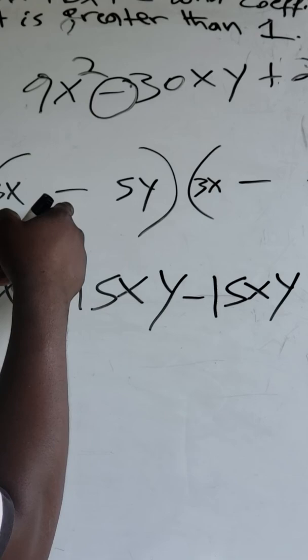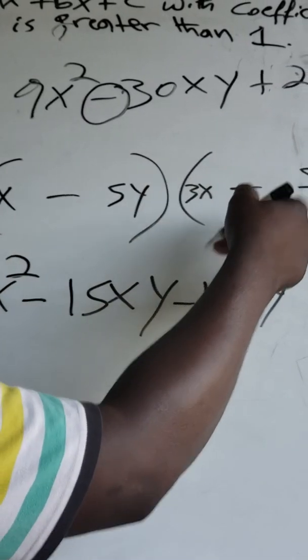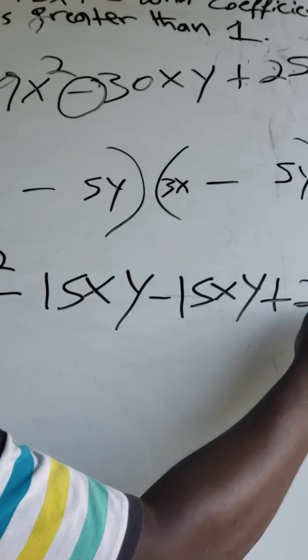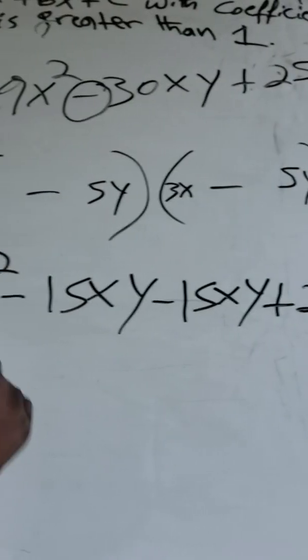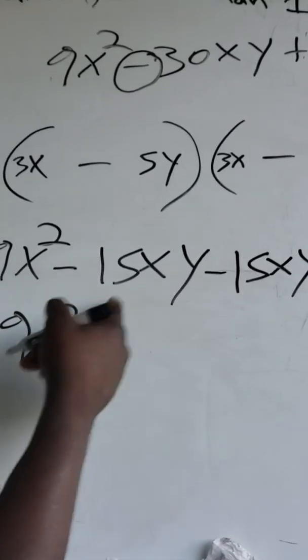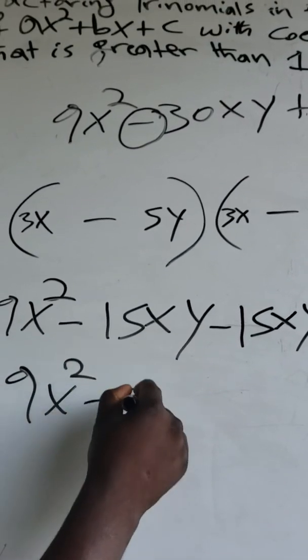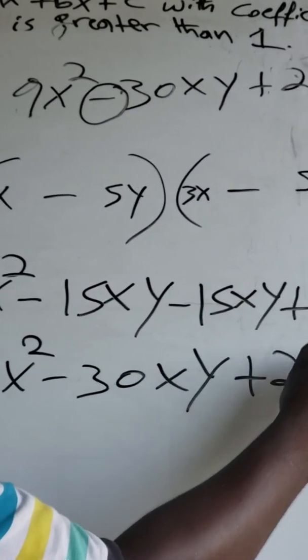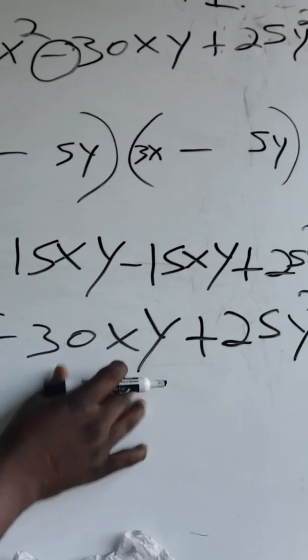Negative 5y times a negative 5y is going to be a positive 25y squared. 9x squared, when you combine the negative 15s, it gives you negative 30xy plus 25y squared. That is exactly what we have up top.